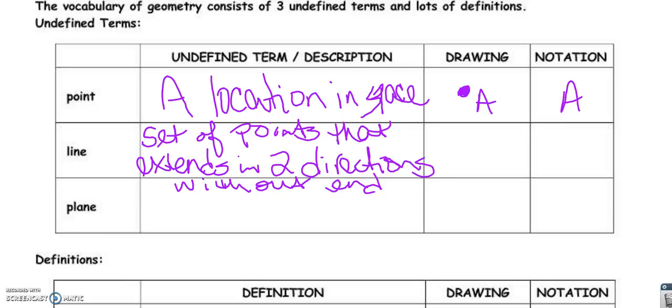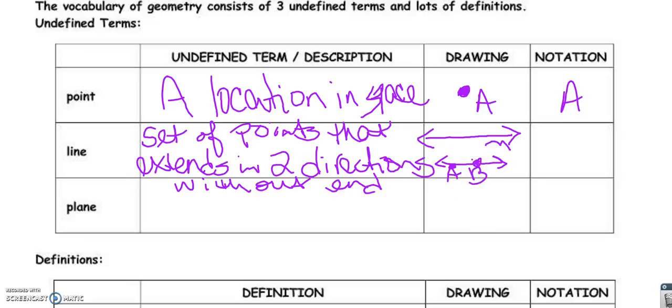Okay, there's 2 ways you can draw it. You can do a line like this. Notice we do have an arrow on both ends because it goes forever. And you can just give it a name. That's an M, even though you can't tell that. The other possibility is to have it like this and have a point there, A, and a point there, and a B for that point.